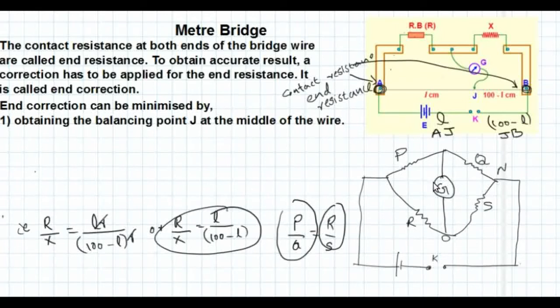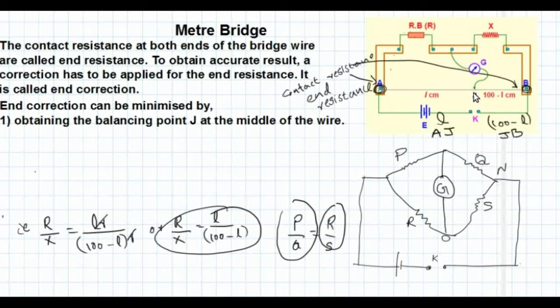That is a condition called balancing condition of the bridge, and at that condition P by Q will be equal to R by S. So here once we take this known resistance, we adjust the values of AJ and BJ by moving this jockey over this wire.